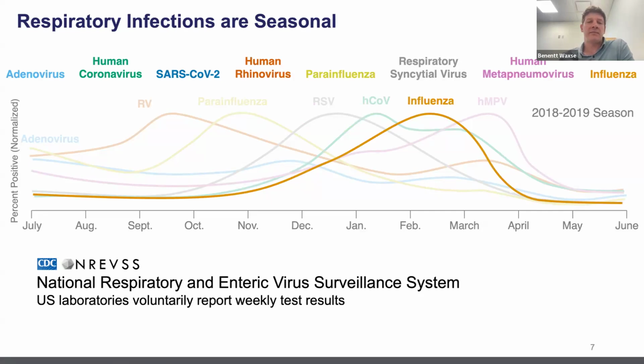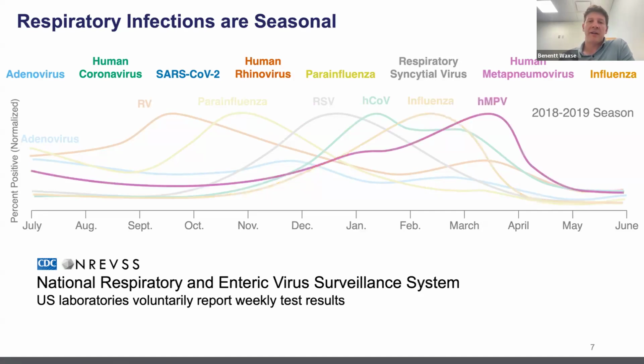Influenza season is usually January to February, and usually followed by a virus called human metapneumovirus. It's a virus that's very similar to RSV, but you can see that as the spring turns to summer, the respiratory virus season ends, and overall, over the summer months, we have very little transmission of these viruses.